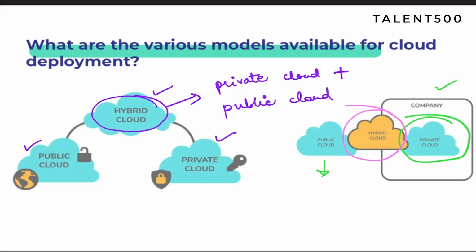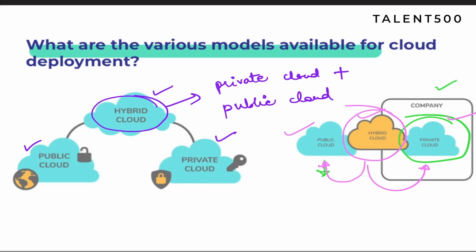What does that mean? It provides some public hosting and at the same time some private hosting. Based upon your requirements, we can pick any of these three deployments available to us, and each has its own requirements and its own advantages.